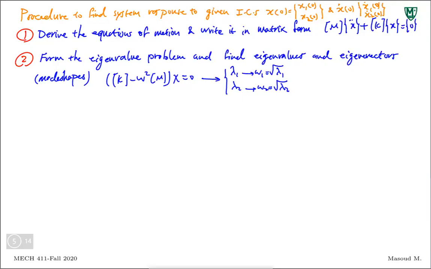Now, for each lambda, you also get a mode shape. For lambda 1, you get x1, which is x11 and x12.